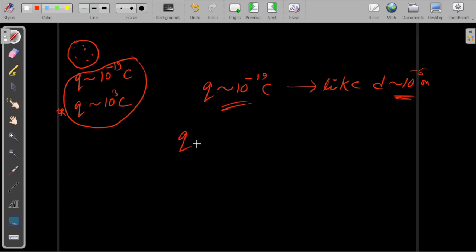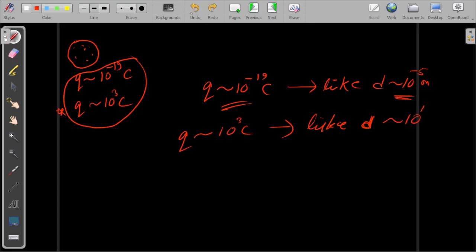Similarly, if the value of charge is of the order of like this, then the order of distance should be like this. Suppose I have taken this order, suppose 10. This is very large.